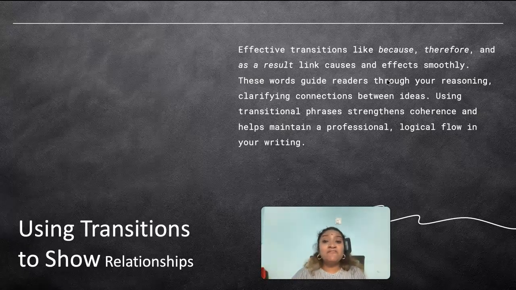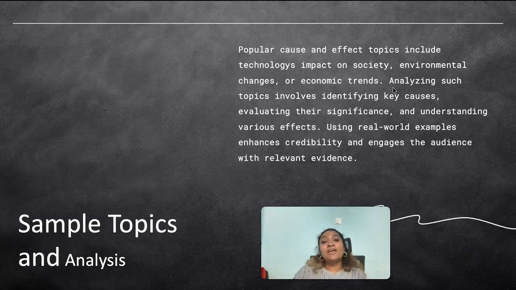Using effective transitions will help your readers understand your explanation and clarify the connection of ideas. Using these transitional phrases will also help you to have a coherent essay that is logically connected.